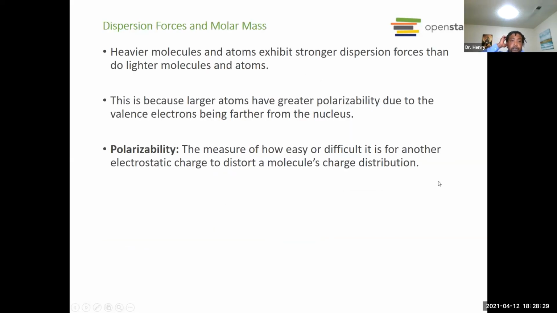The heavier molecules get, the more ability they have to interact, and the stronger those dispersion forces are going to be. The lighter the molecule is, the weaker the dispersion forces. Does that make sense?